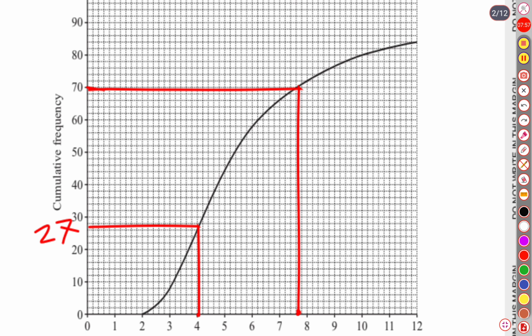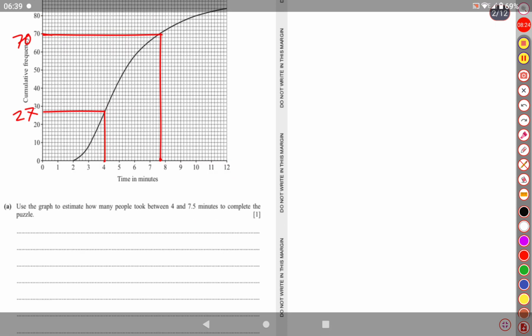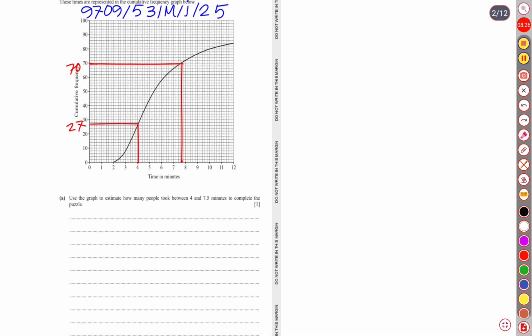And the number of students who took less than 7.5 minutes, it will be 70. So what is the number of students who took between 4 and 7.5 minutes? It will be actually 43. We can write that 43 students took the time between 4 and 7.5 minutes.